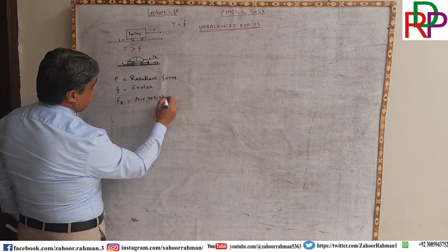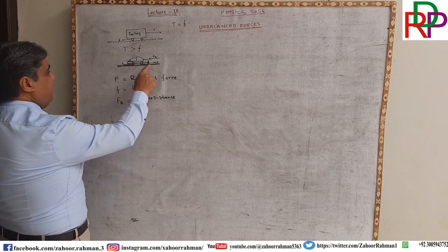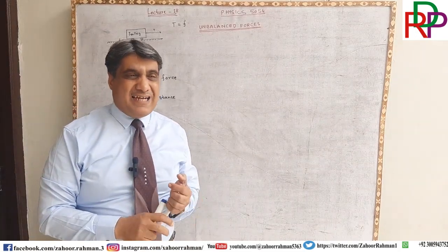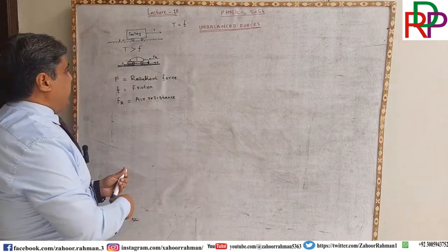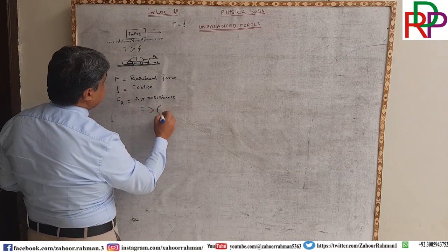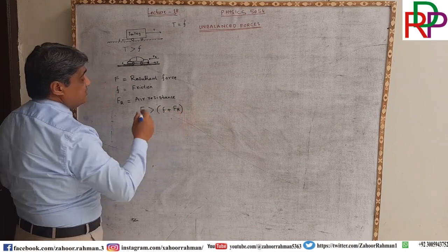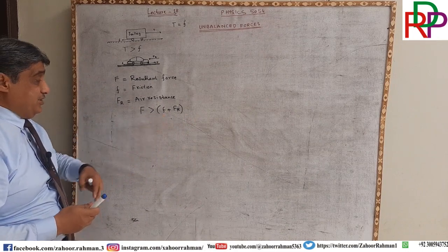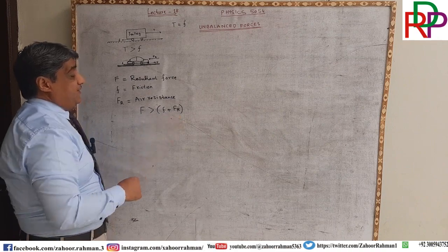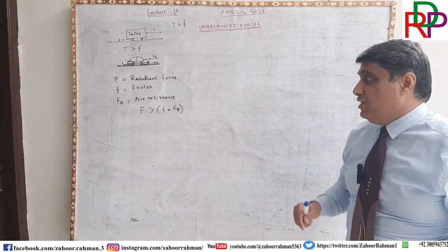As you can see, forward motion will only occur when F is greater than the combined effect of f plus Fr, which is the force of friction and the force of air resistance. If F is greater than the combined effect of friction and air resistance, then this car will move towards the right.